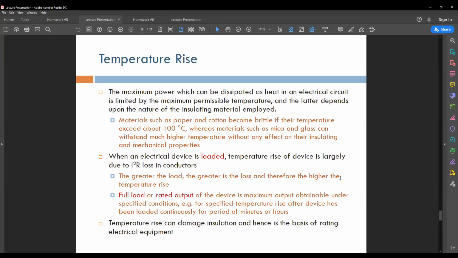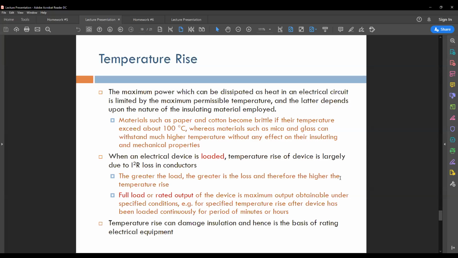If you have a certain insulation in your electrical appliance, you're usually afraid that at a certain point, the temperature of the conductor or the resistance, usually any cable will essentially be a resistance, will be high enough to melt the insulation. If it melts the insulation, then you might end up having a short circuit or a big problem. Sometimes you can actually start a fire because of the high temperature generated from the resistors.